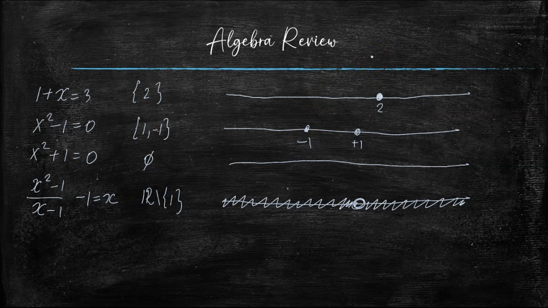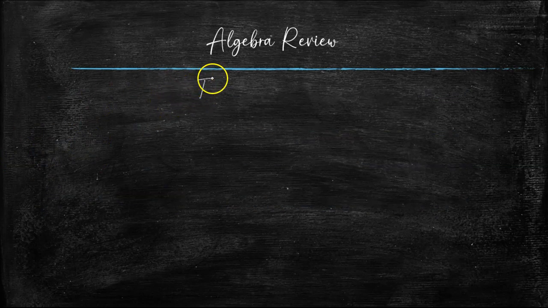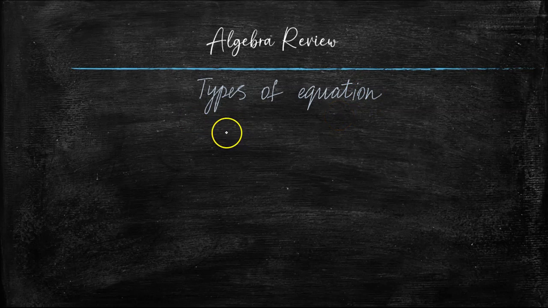So to solve, as I said before, depends on the type of the equation, and what types of equations are there? If you watched the previous review that I've made of pre-algebra and arithmetic, then you know the answer to this question already.